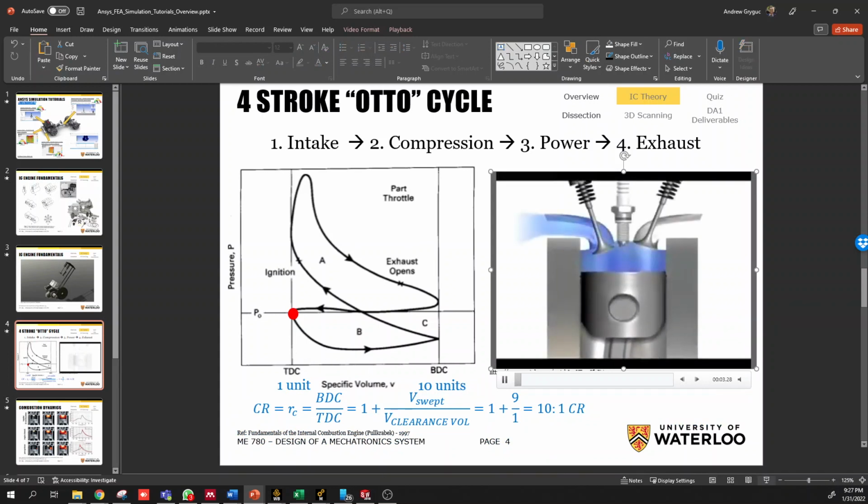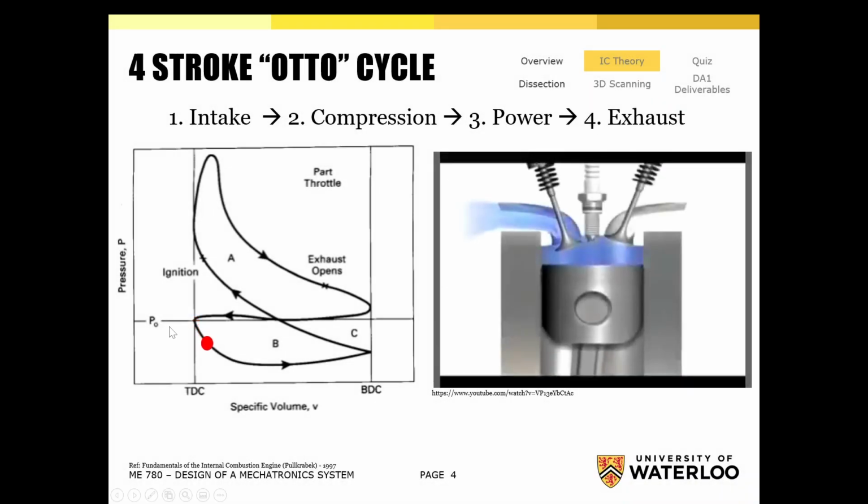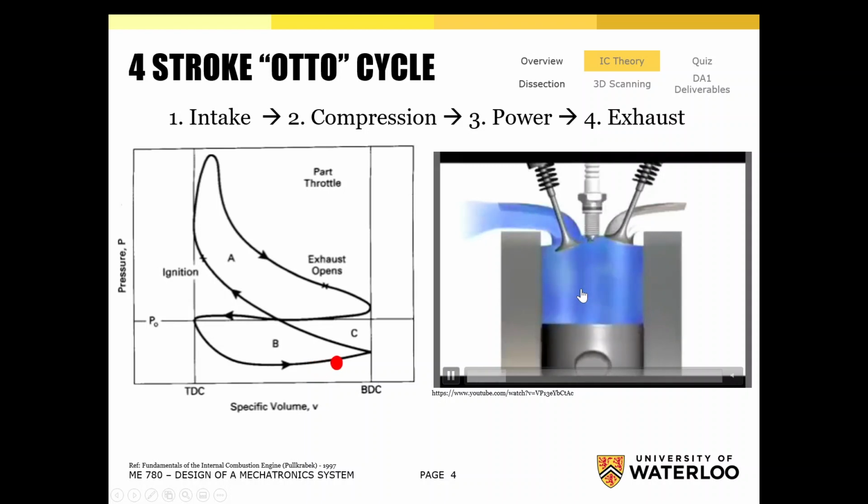I'll just animate the slide here so you can see as this happens. We draw down on the piston to create a slight vacuum within the cylinder, and that draws air into the cylinder. We're not really concerned with this stroke. Then we begin to close the intake valve and start to compress the mixture.